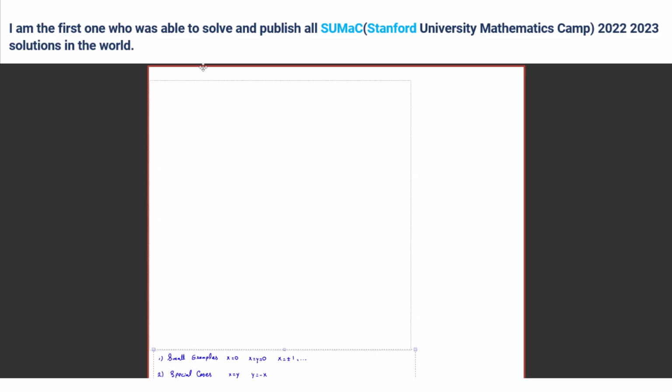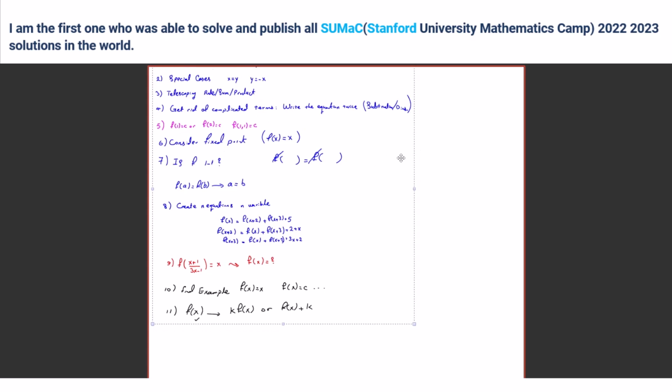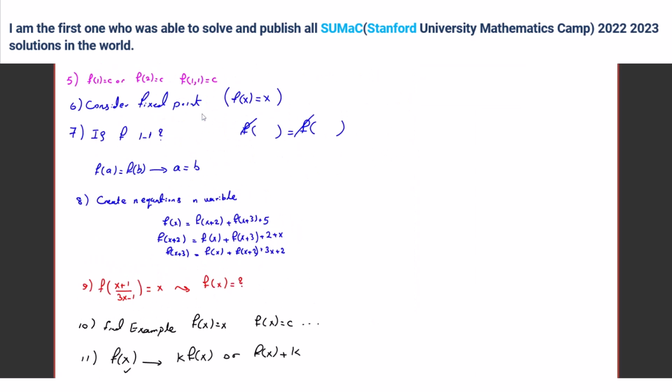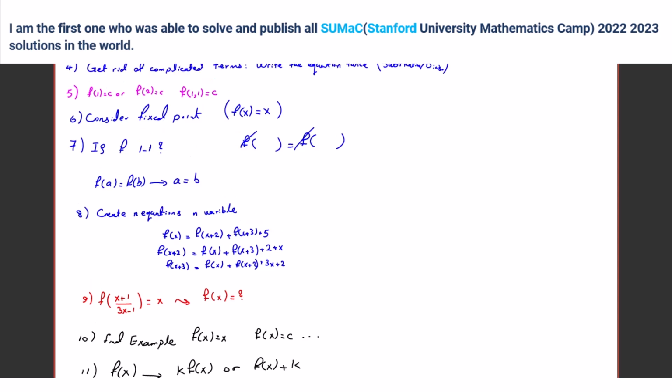Small examples, special cases, get rid of complicated terms. I told you sometimes, for example, f of 1 is a constant, consider other terms. Sometimes you should find a fixed point. Fixed point means a point where f of x is x. Sometimes you should check is it 1 to 1 or not. Because if it is 1 to 1, if f of something is equal to f of something, you can cancel the f's.